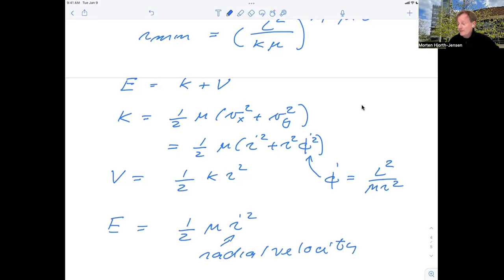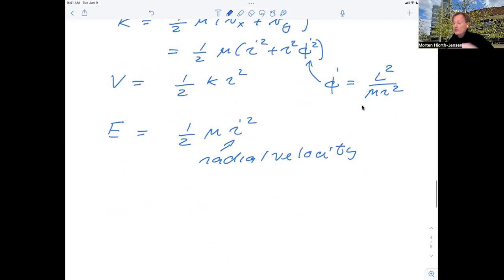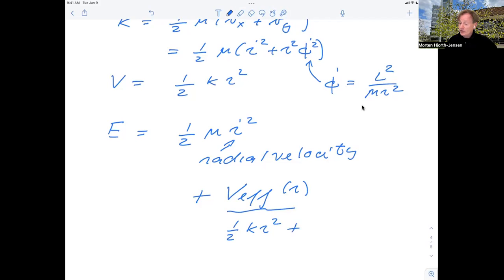And what we note then is that this can now be rewritten in terms of the effective potential. So this effective potential gets a term which comes actually from the kinetic energy. So this term is given now by 1/2 the original potential of r squared plus this effective potential, which is now given in terms of L squared.